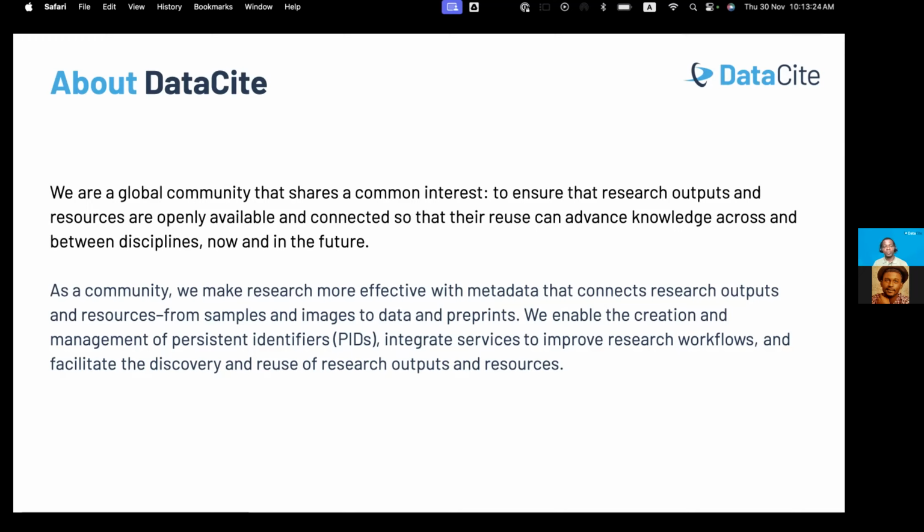As a community, we make research more effective with metadata. The word metadata needs to be explained so that we will not think that it's Meta of Facebook. Metadata is information about another information or data or resource. For instance, if I have my phone holding it, if I want to know about this phone, I need some information because I am not the only one using an Apple iPhone.